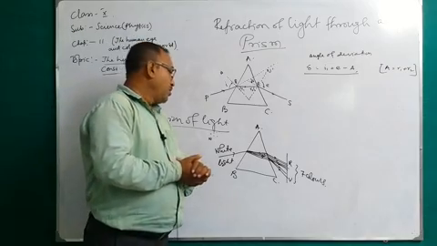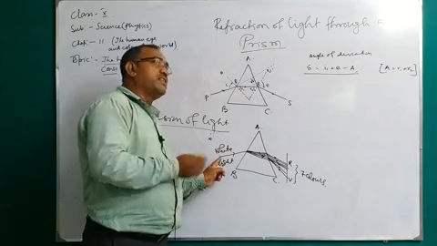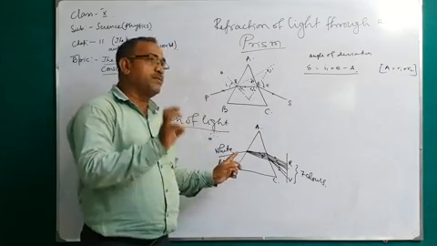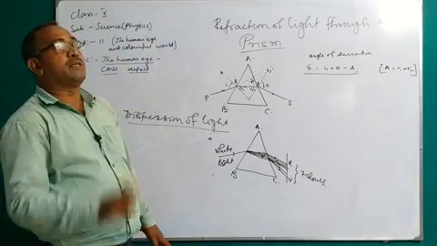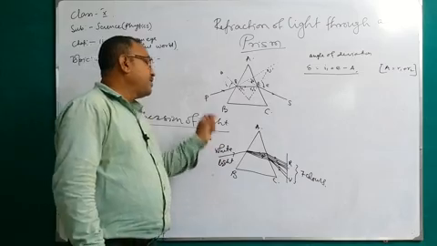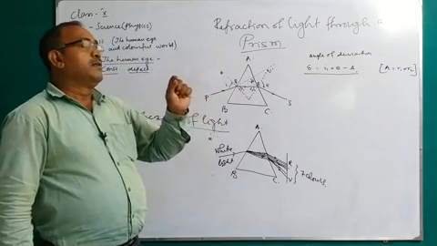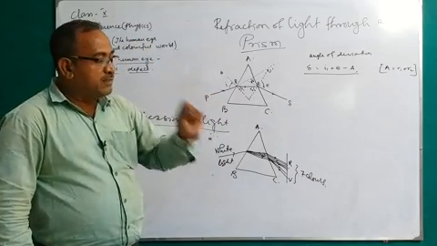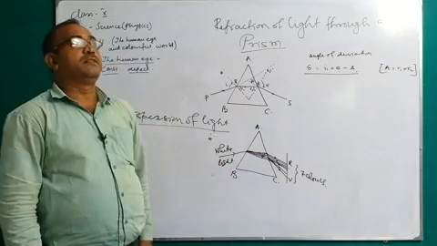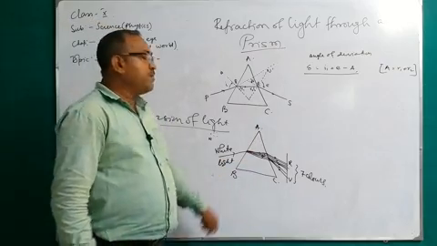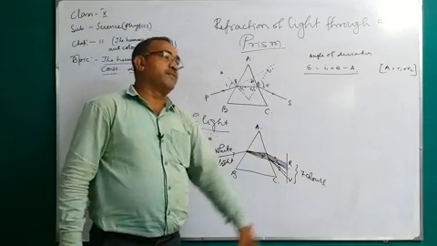So if it is a mixture of 7 colors, you see 7 colors on the screen. If the incident ray is made of 3 colors, then the colors of the spectrum will be 3. Am I clear? So it is not mandatory that it always creates 7 colors.